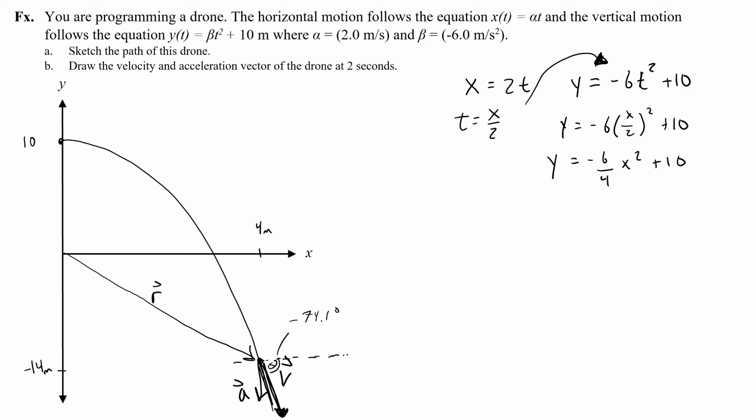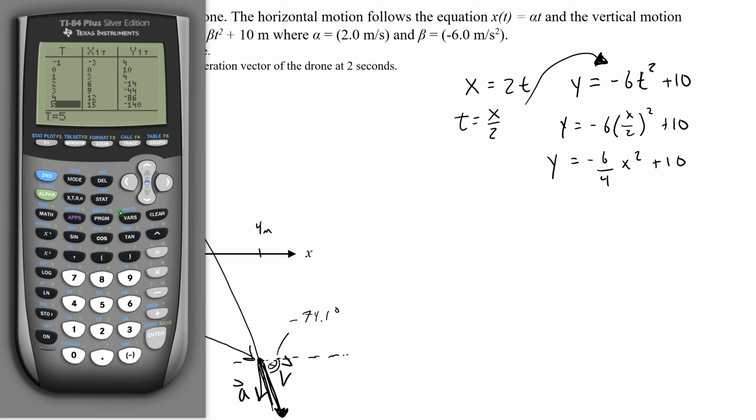Now, if this was a more complicated x and y equation, then there's something I can do on my calculator. I can go to mode and change from function, which is normal, to parametric mode. Then when I go to y equals, it will ask me to enter an x equation and a y equation, which I can do here.